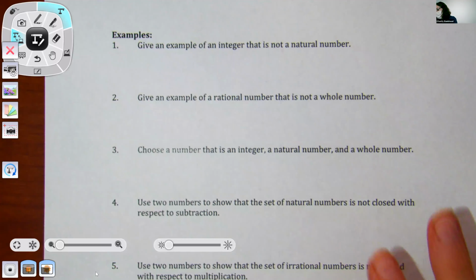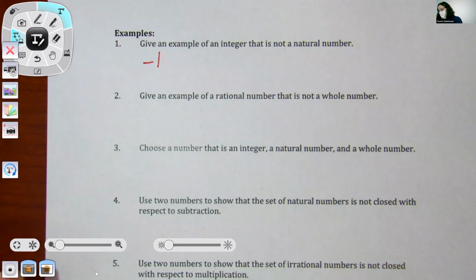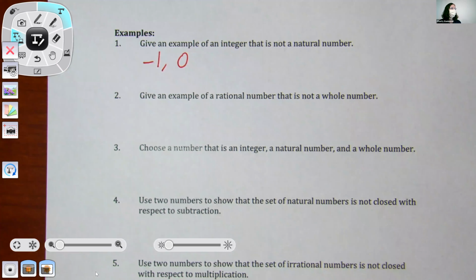Any negative integer would be an example of an integer that's not a natural number. So besides negative numbers, what's one other example you could give? 0. 0 is an integer, but it is not a natural number.